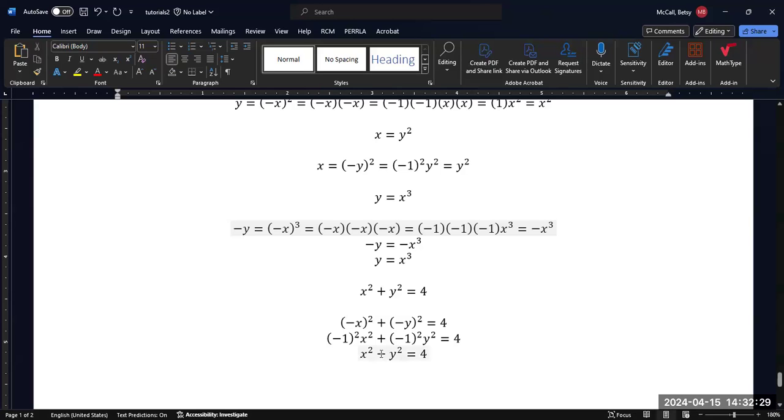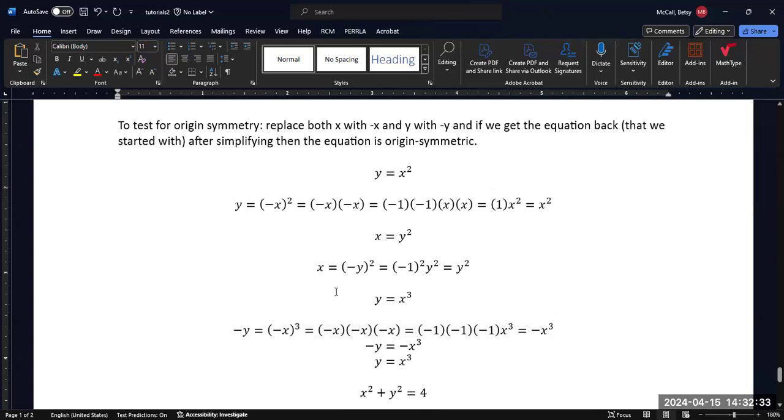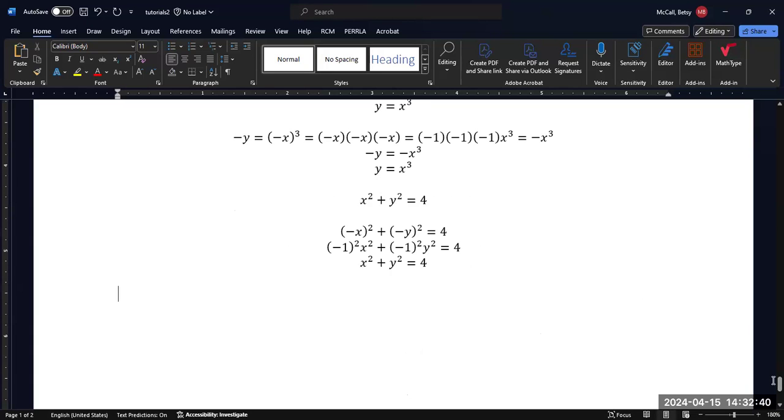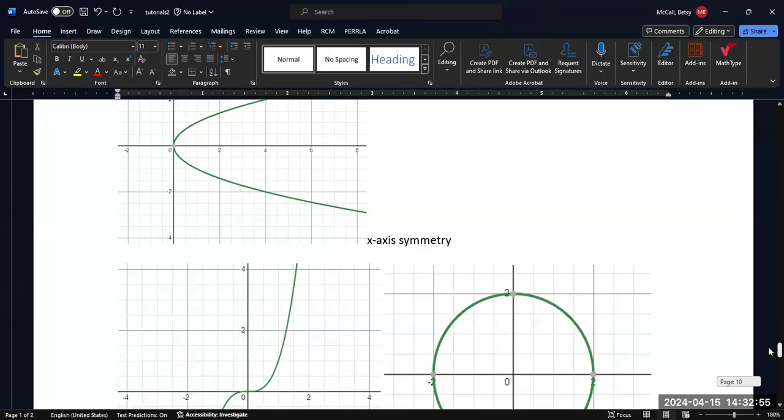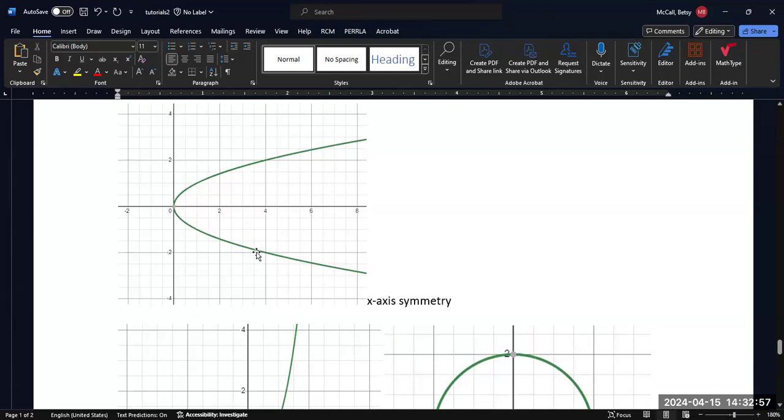Now, this last one in particular, and the one that we looked at for the x-axis symmetry, are examples where we actually have relations and not functions. And so when we only look at the world of functions, x-axis symmetry is not possible, because if we look at the graph of our functions that had x-axis symmetry, so that would include this one, we see that it violates the vertical line test.